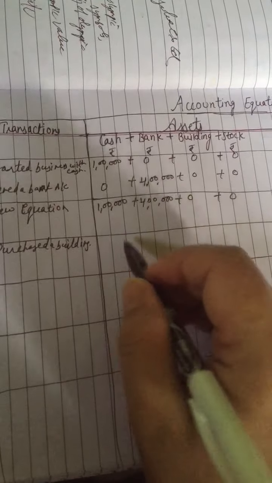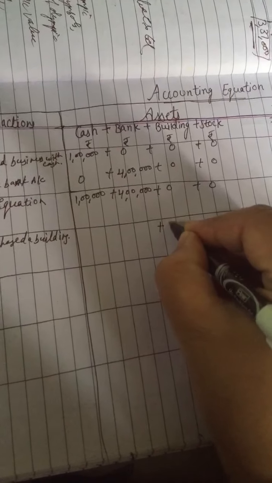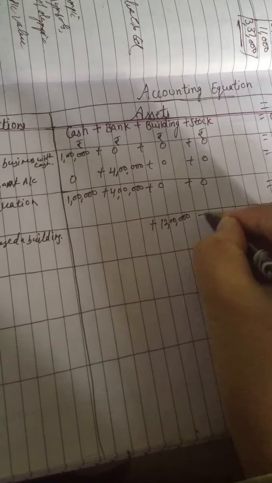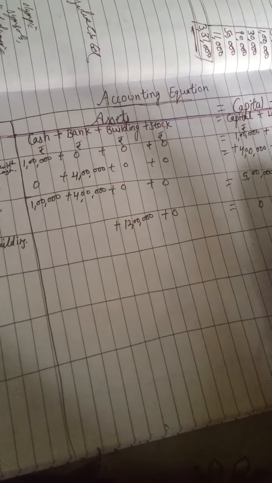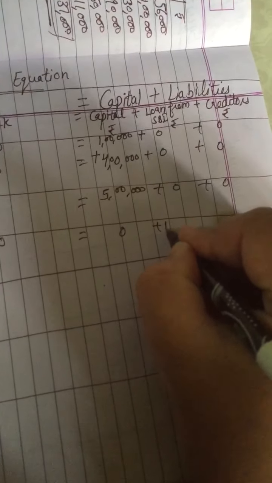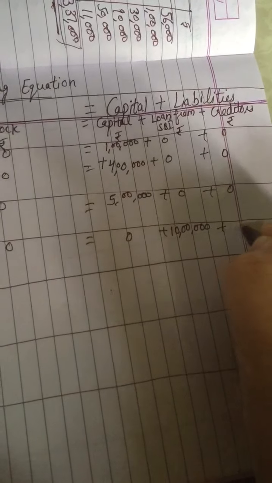Purchased a building. Okay, and in this question, first we will write the amount of building, that is rupees 12 lakh, stock has no change, and capital no change, and loan from SBI increases by rupees 10 lakh, as we have taken loan of rupees 10 lakh only.